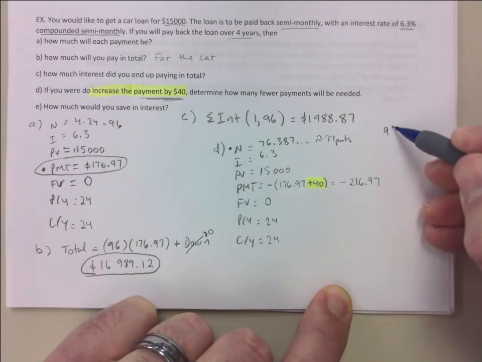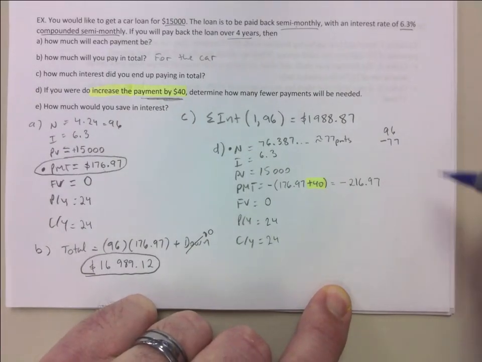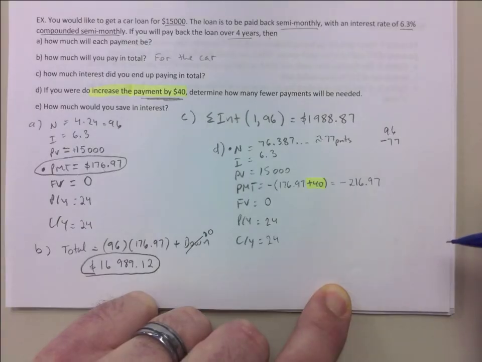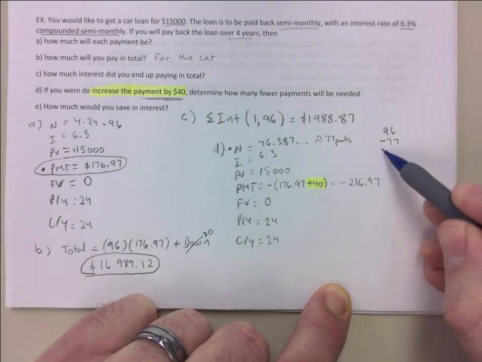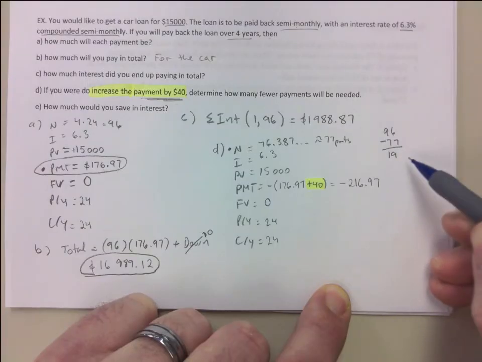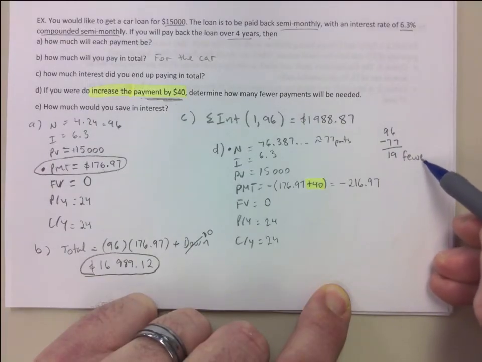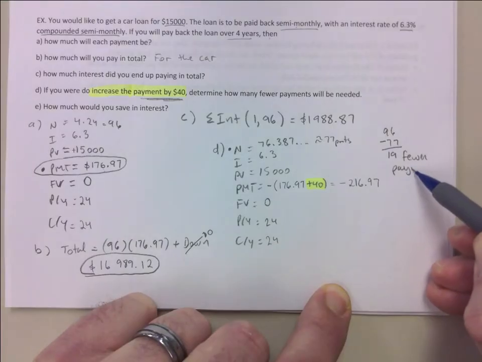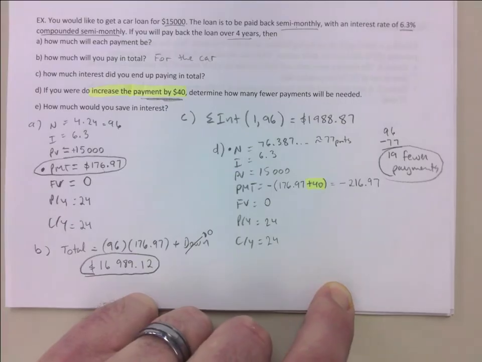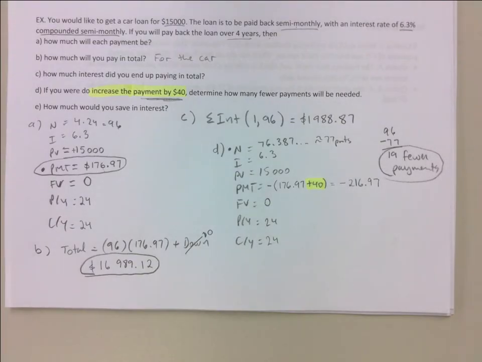So we're going to go 96 minus 77. That's 19, right? 19 fewer payments. If it asks you how much sooner in years, then you've got to do an extra step.